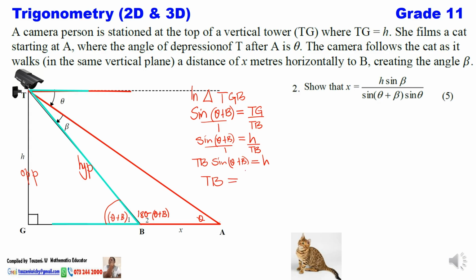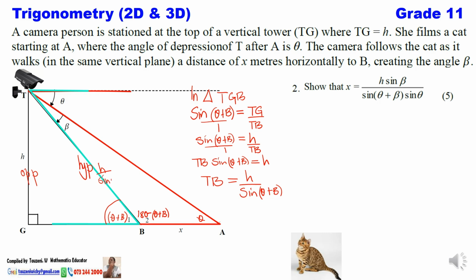That will give us the value of TB in terms of theta, beta, and H. So TB is equal to H divided by the sine of theta plus beta. That is the value of TB.